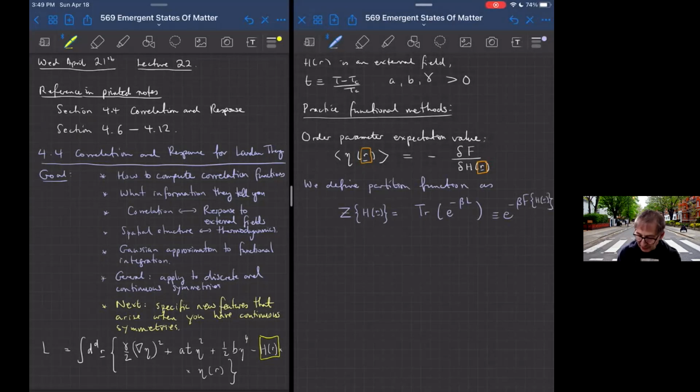So this defines the free energy from the Landau free energy. So this is the Helmholtz free energy. You can think of this as being the Helmholtz or thermodynamic free energy.